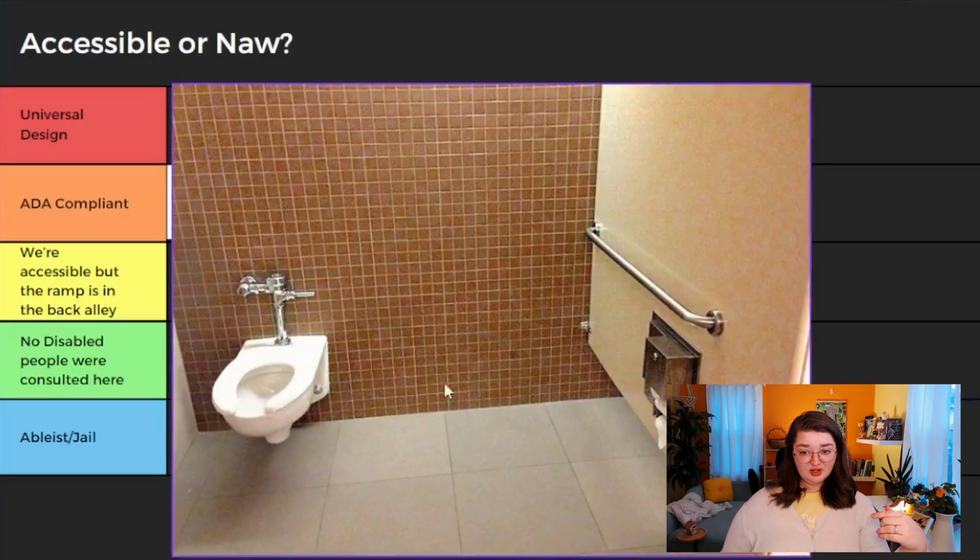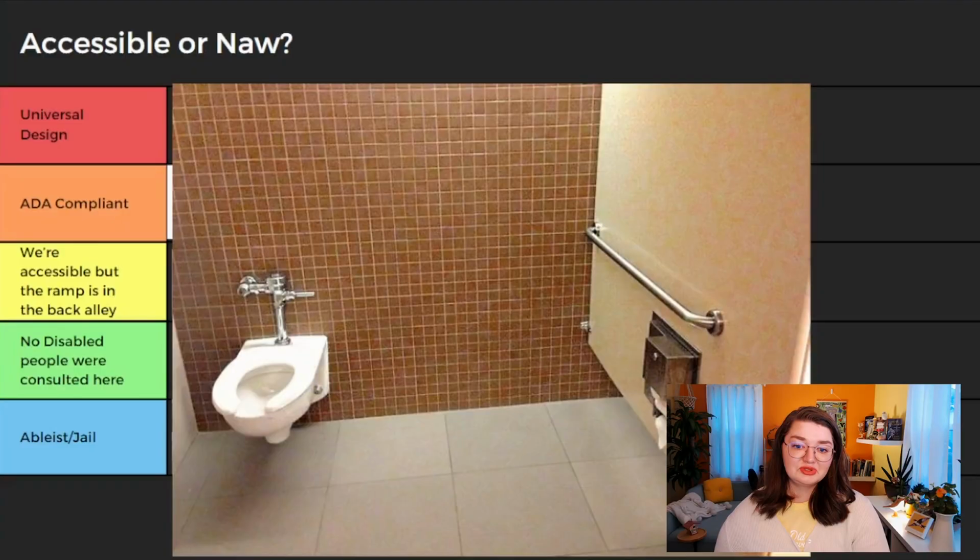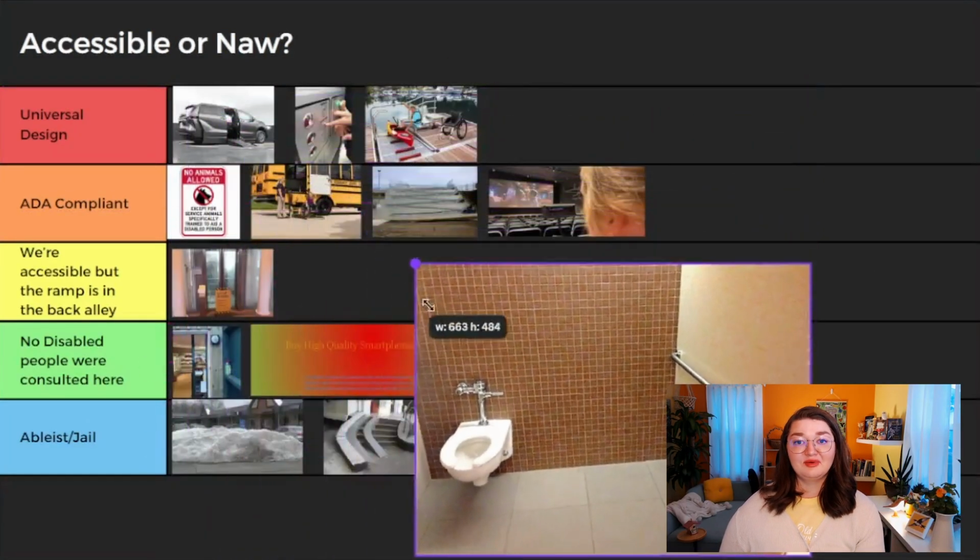Or they need to move the toilet over here and have the space. Oh my God. If I were to roll into this stall, I mean, hey, it's big enough, so that's cool. But if I were to roll into this stall and try and use it, I think I would laugh and leave. So this is going in no disabled people were consulted here, because clearly they were not.